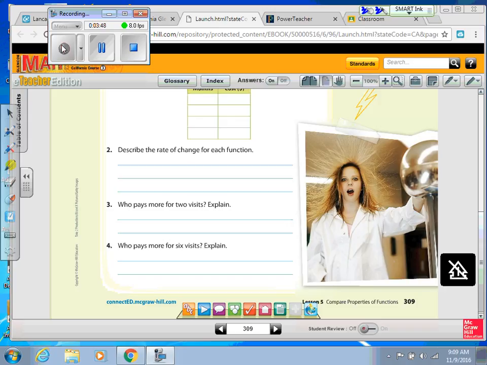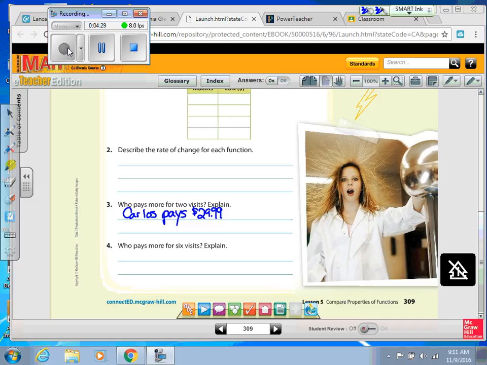So for number 3, where it says who pays more for 2 visits, if Carlos pays $29.99 for each visit, then he is going to pay basically $58. Oh, hold on a second. So since Carlos paid $29.99 total, Carlos pays $29.99 and can go as often as he wants to because he has an annual membership.